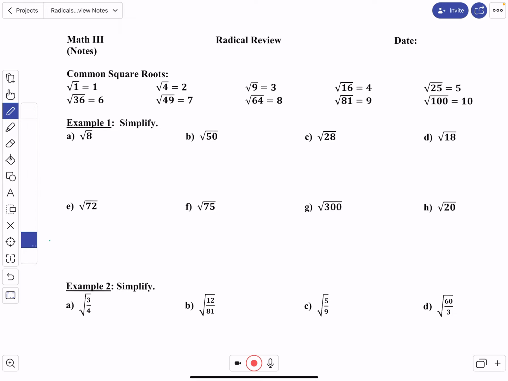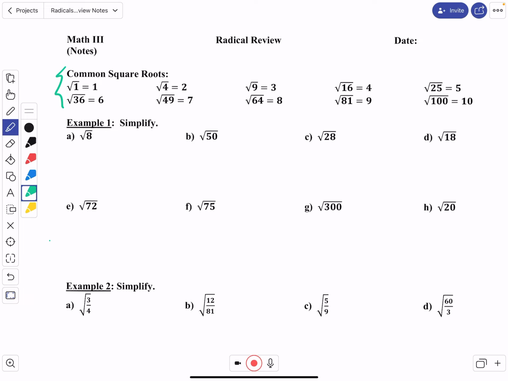So for the first one here, the square root of 8. Well, 8 is not a perfect square. When you break down 8, you want to think of two numbers that go into 8, and you want one of those to be a perfect square. So you look up here and see if any of your perfect squares are factors of 8.